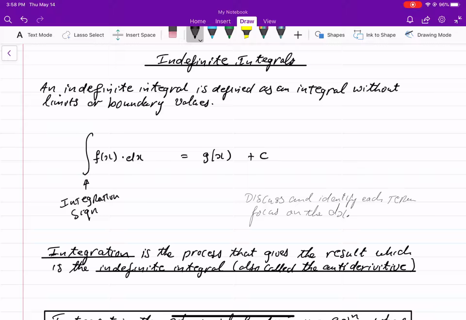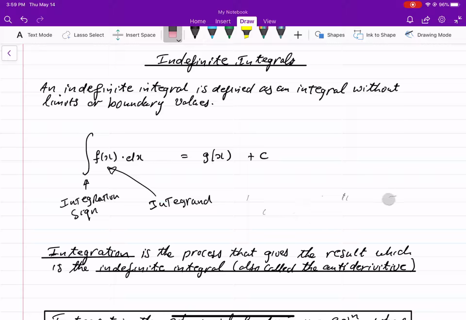This is the function to be integrated, and that function is generally referred to as the integrand. f of x right there, that is the integrand. The result that you end up with is called the integral. That's what you were seeking, to find the integral of the function f of x.